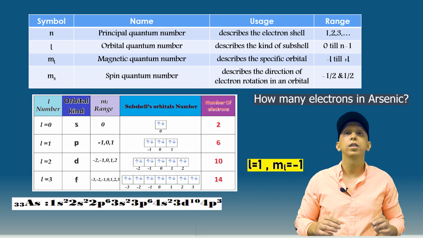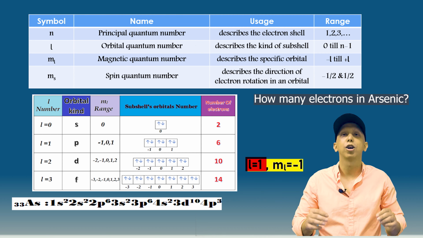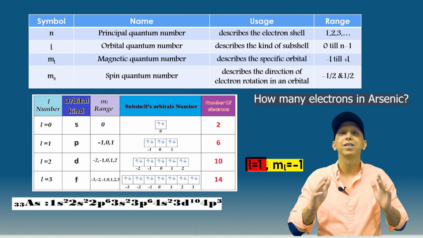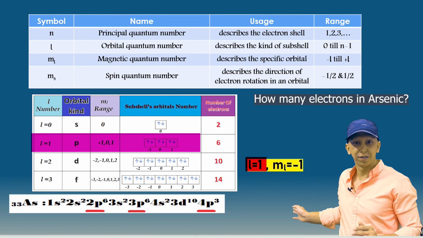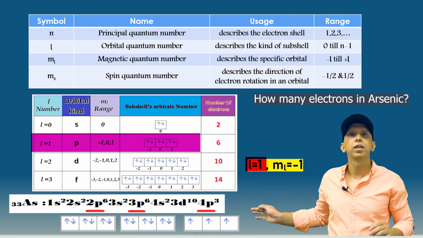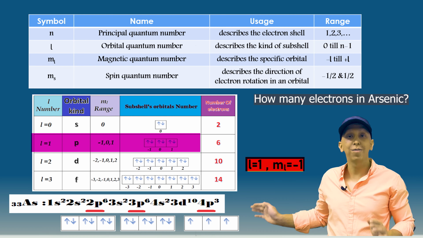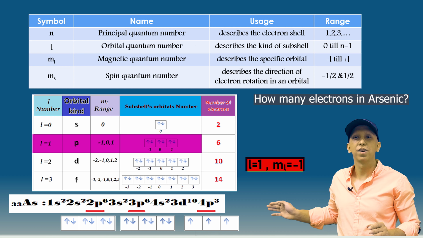At first the question told us that the L number is 1, and we know when L is 1, the kind of subshell is p. So we select all of the p subshells in our electron configuration and draw their orbitals. Then it told us m sub L is -1, and we know p has 3 m sub L values, which are -1, 0, 1.